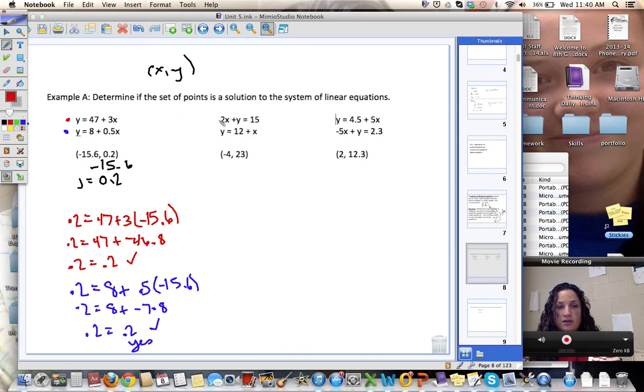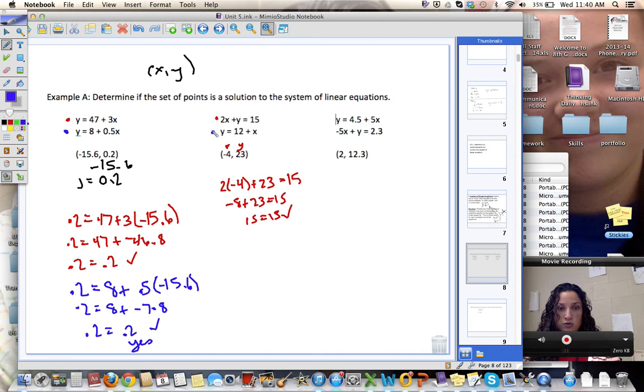We're going to do the same thing over here. Here's my red one. This is my x, this is my y. So 2 times negative 4, plus 23, equals 15. Negative 8 plus 23 equals 15. 15 equals 15, this is a good one.